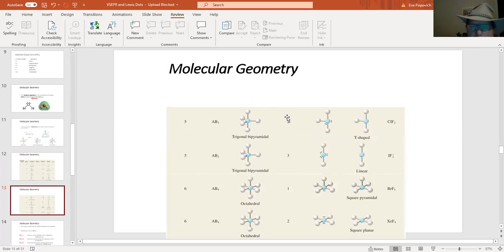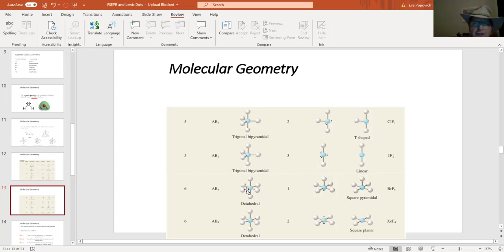Trigonal bipyramid, 2 lone pairs, T-shaped. If I have 3 lone pairs, those all go on the trigonal planar portion of the molecule, and my shape becomes linear. 3 more to go, guys.